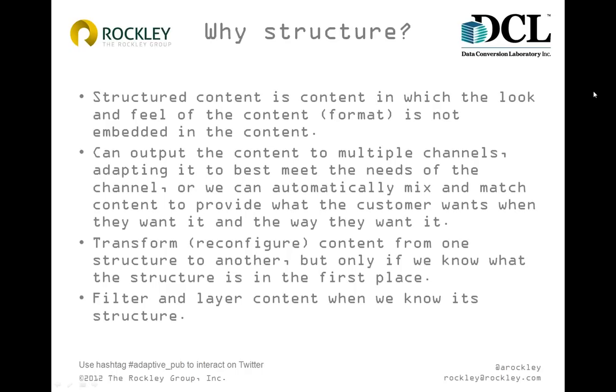When we know that structure, we can automatically output it to multiple channels. And we can also mix and match content. We can say use this piece, and this piece, but not that piece. We can transform or configure that content from one structure to another. It doesn't always have to be exactly the same structure. And as I said before, we can filter it. We can layer it.